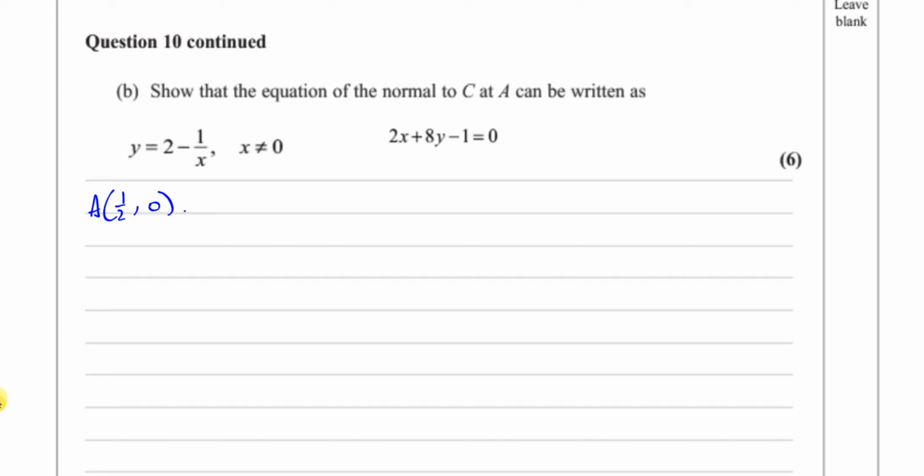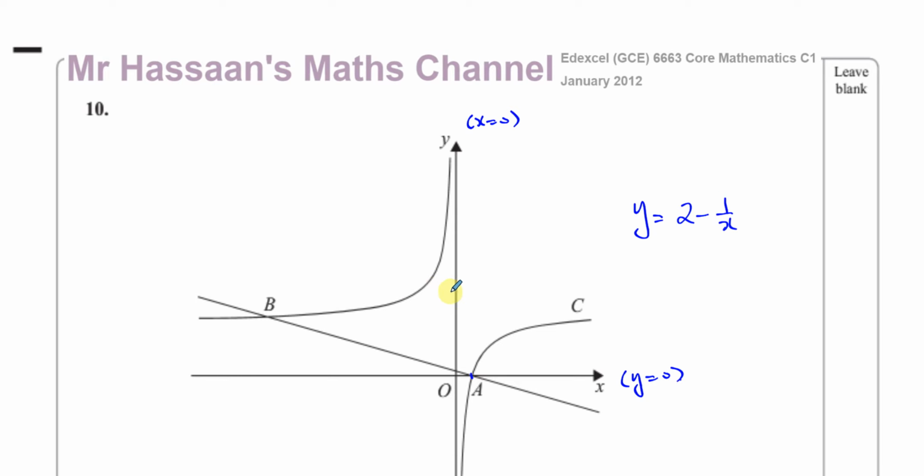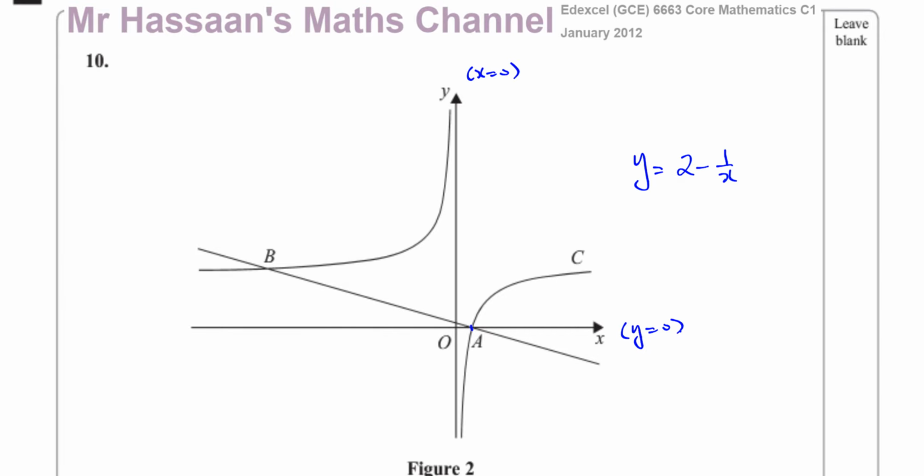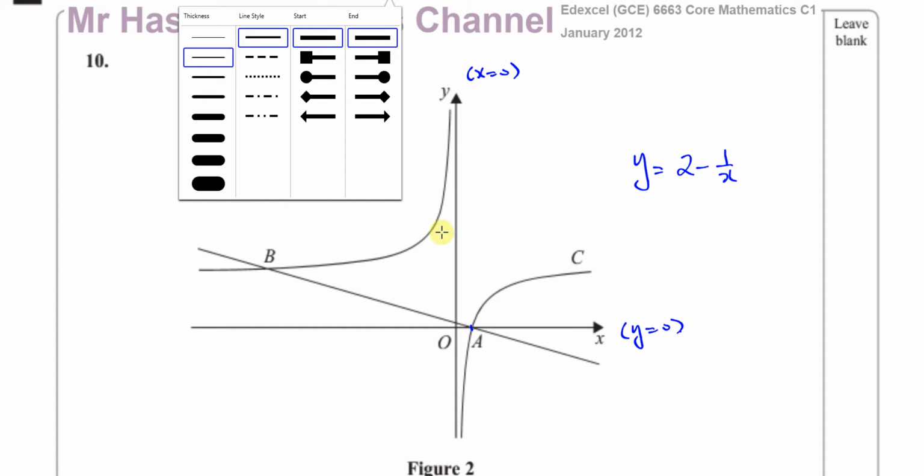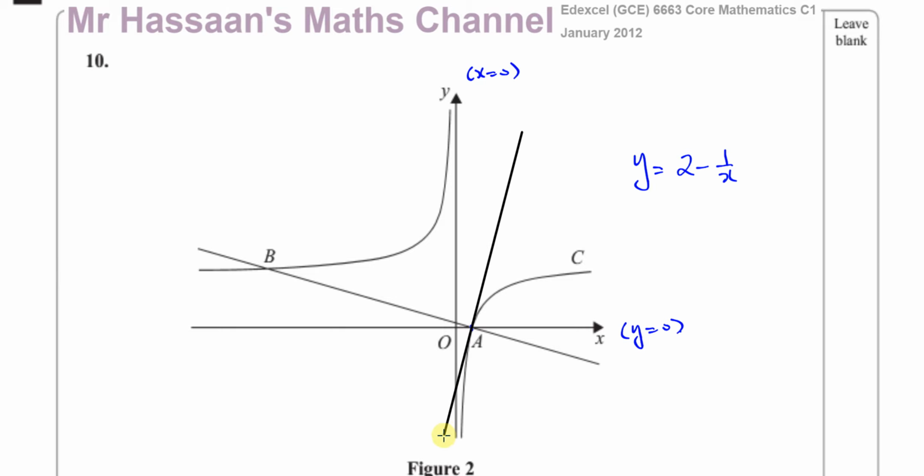Now a normal to a curve is a straight line which is perpendicular to the tangent of the curve. The tangent to a curve is again a straight line, but it just brushes the curve at the point at which it's the tangent to it. So the tangent at A will be a line that goes something like this.